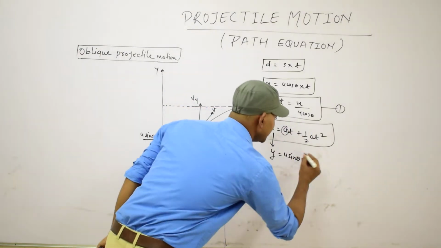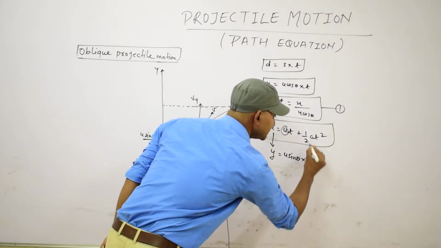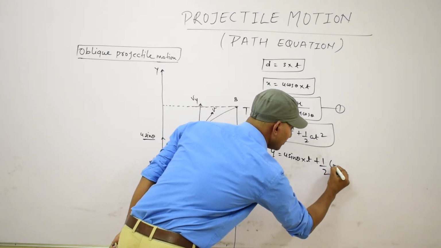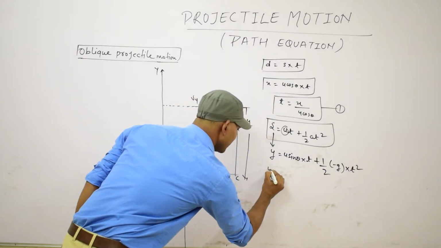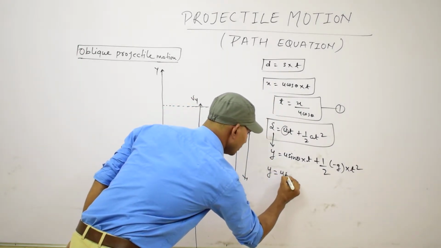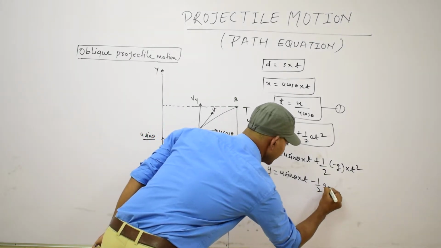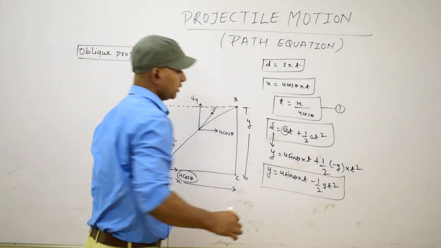So simply I can write this formula in a modified manner: u sin theta into t plus half, in place of a I need to put minus g, and t square. Okay, so our equation becomes y is equals to u sin theta into t minus half gt square. Okay, so this is our equation.